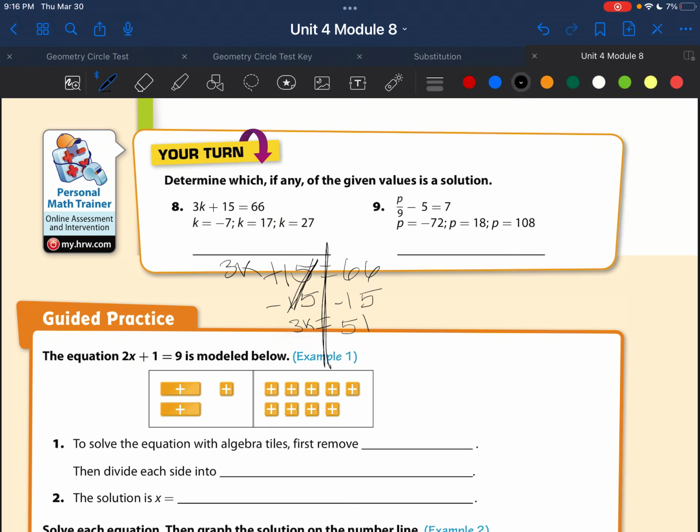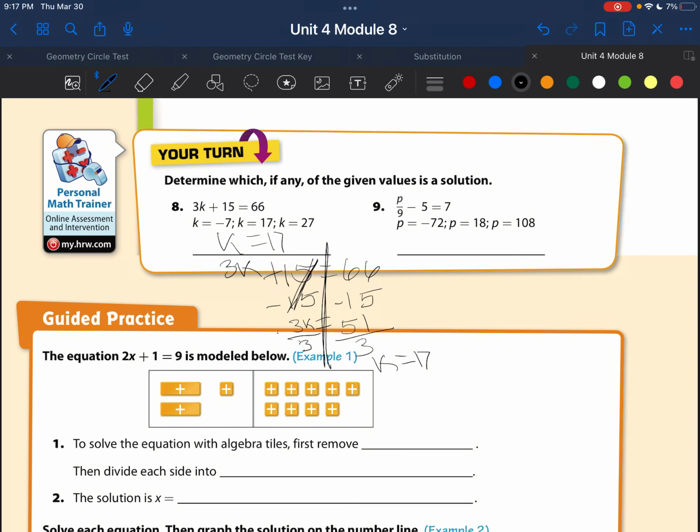When the variables are squished together with a number, what does that mean they're doing? You got it, they're multiplying. So now we got to do the opposite of multiply, which is dividing. I'm dividing by 3 because that's the number that's stuck with K. When I do that, I should find that my K equals 17.